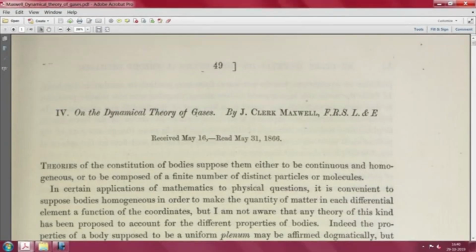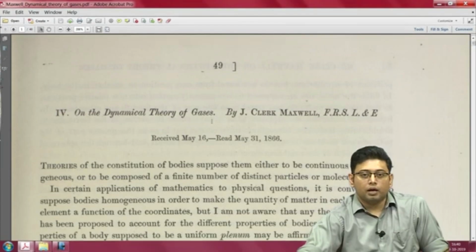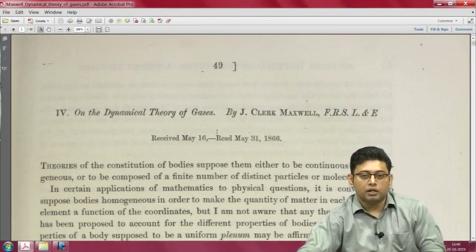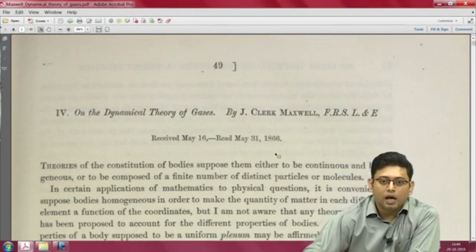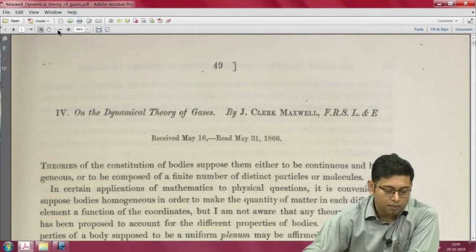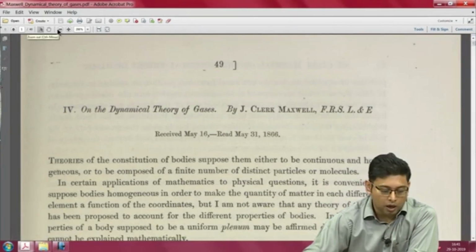So, this is the manuscript by James Clerk Maxwell, titled On the Dynamical Theory of Gases. It was published in 1866, and this is the manuscript where he proposes the Maxwell model.